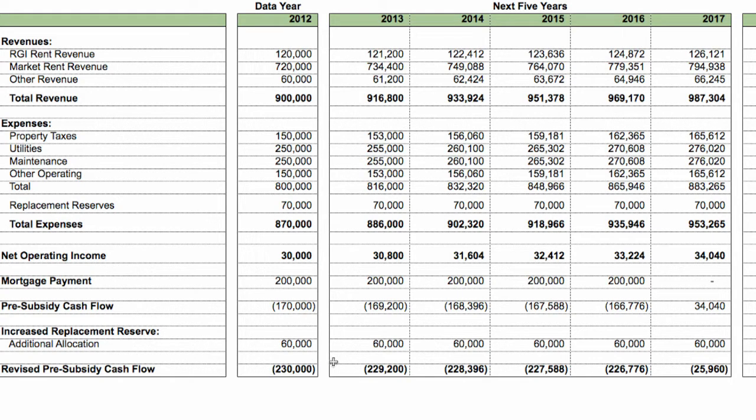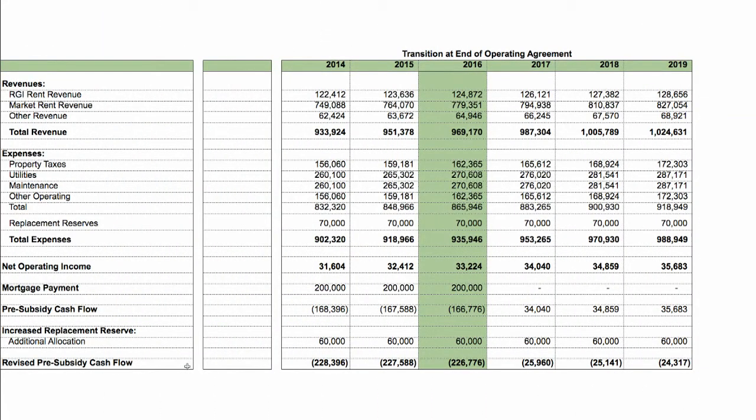You come up to 2017, the first year after your agreement expires, you've got a modest deficit, so a big improvement. The whole idea of this model, of this tool, is to show you how the world works without subsidies. So there's no subsidies showing up in this. If we carry it forward here, you can see this whole thing is structured around 5-year chunks of time.